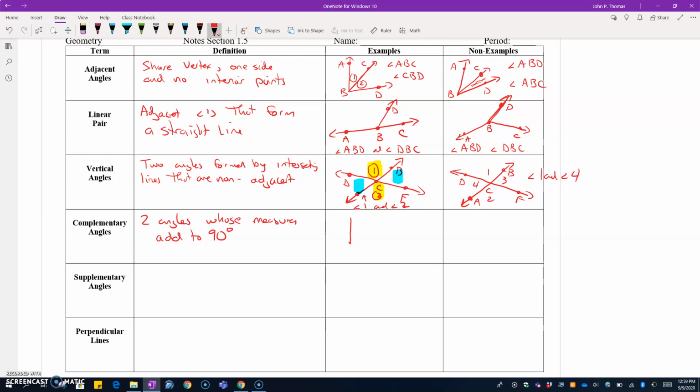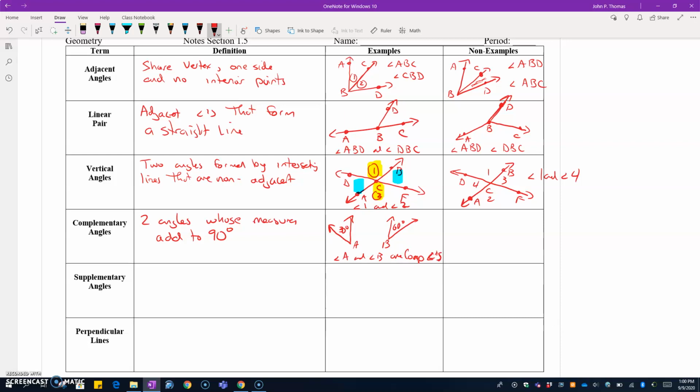So an example would be if we had a 30-degree angle over here, and we'll call that A. We had a 60-degree angle over here, we'll call it B. We could say angle A and angle B are complementary angles. A lot of times we'll abbreviate that COMP, and then a little angle symbol with an apostrophe S for complementary angles.